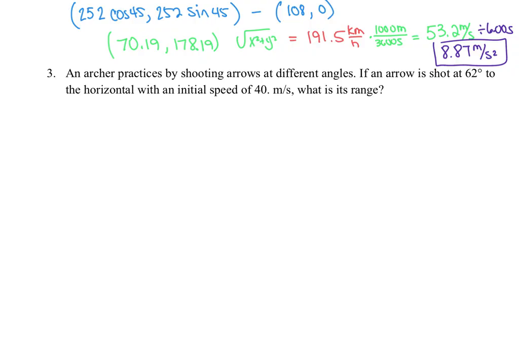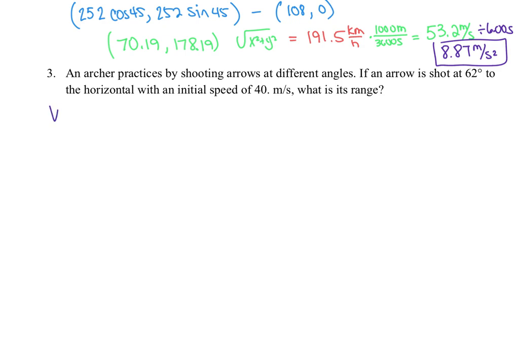Remember, because they're asking for range, I'm going to need both my initial vertical and my initial horizontal velocity. Initial vertical velocity is going to give me what time, how long it was in the air, and then I'm going to take that and multiply it by my horizontal velocity to figure out how far it went horizontally, right? So I'm going to use my sine and cosine here.